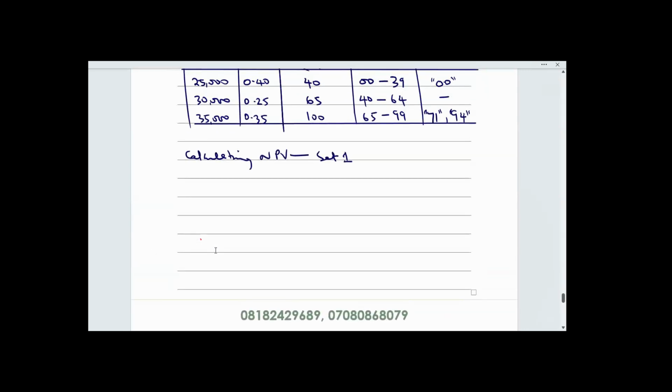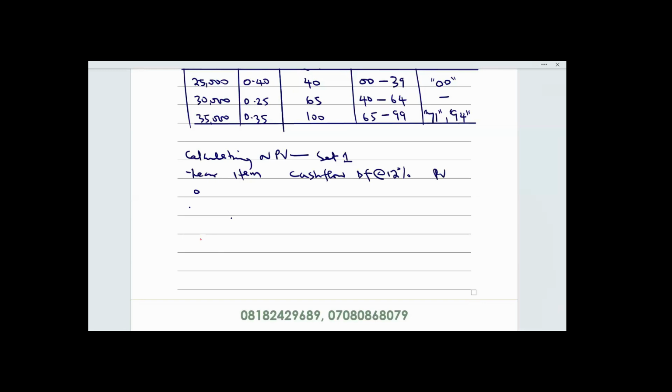Okay. So for set 1, create a column for year, description of items, cash flows, discount factor at 12%, which is the cost of capital. Then PV.